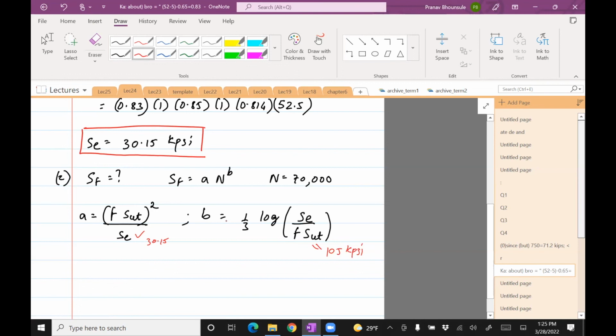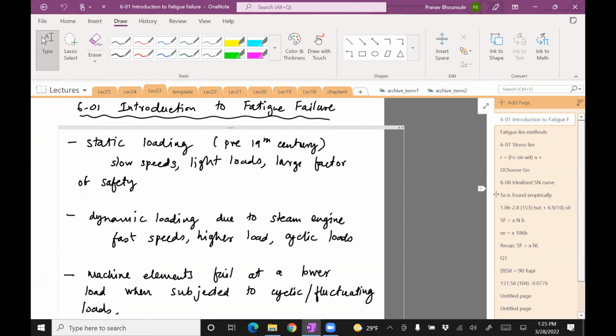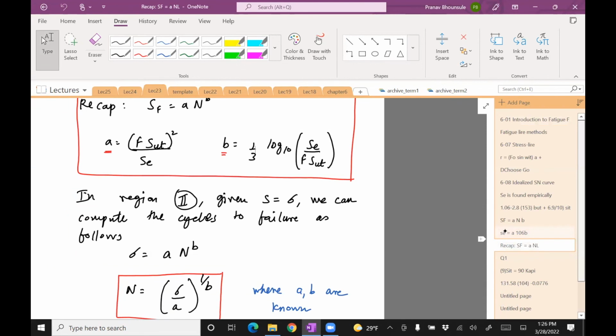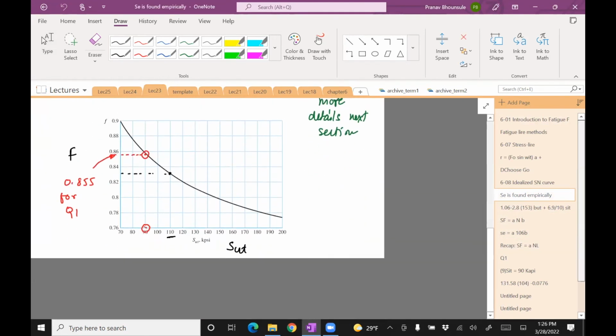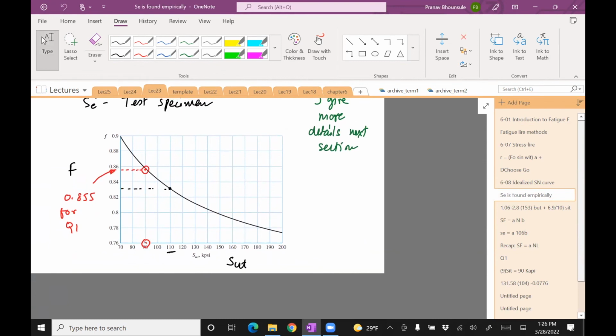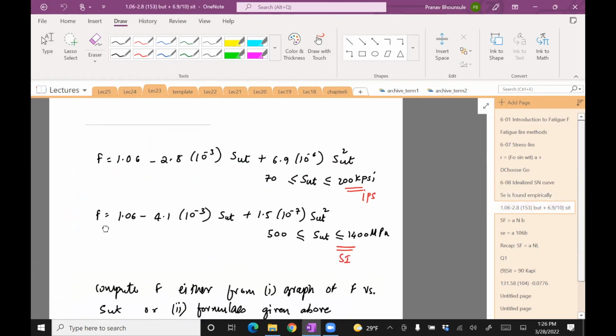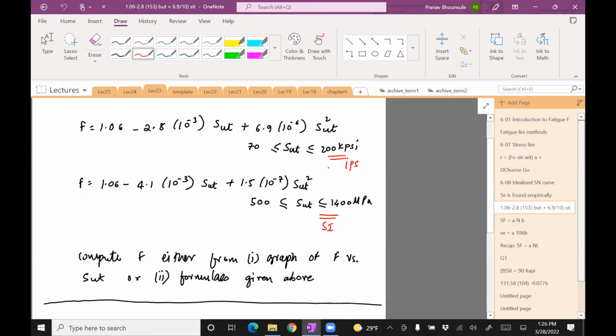What remains here is just this factor F. To compute factor F, we need to go back to the previous, I think 2 or 3 lectures back, where there were 2 ways to compute F. There was either a graph where if you know SUT, you can compute F, or you could use these formulas.